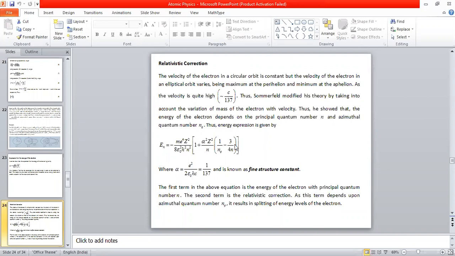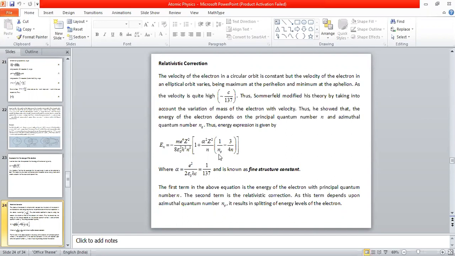Okay, now there is also a term of 1 by nφ minus 3 by 4n. nφ is nothing but your azimuthal quantum number, and n is the total quantum number. Now here in this particular energy expression, our energy is now dependent on the azimuthal quantum number.